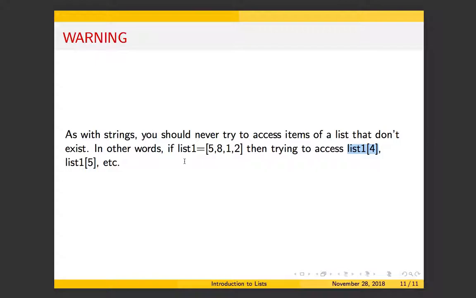It's not going to know what you want it to do. It may or may not run, but if it does run, it will run improperly. It's not going to do what you want because you're asking it to access something that doesn't exist. So as with strings, you have to be careful about that. You can only access elements of a list at positions that exist.